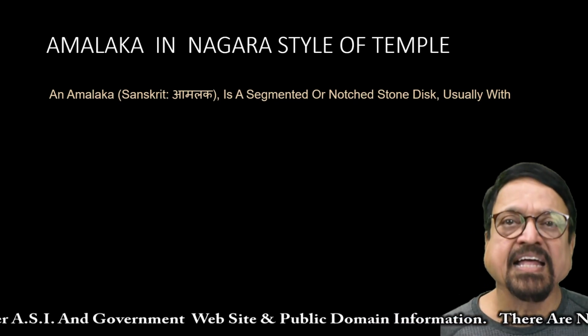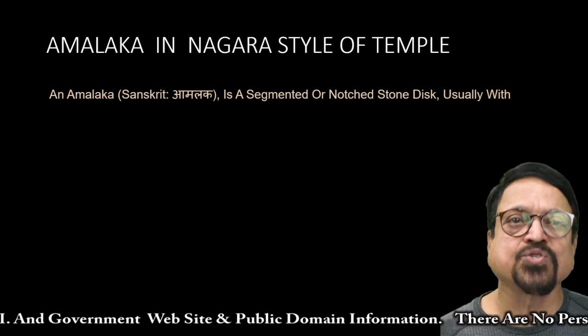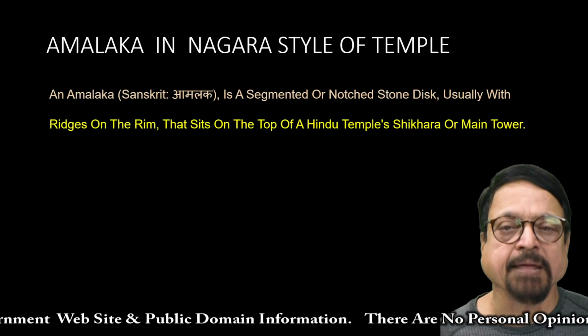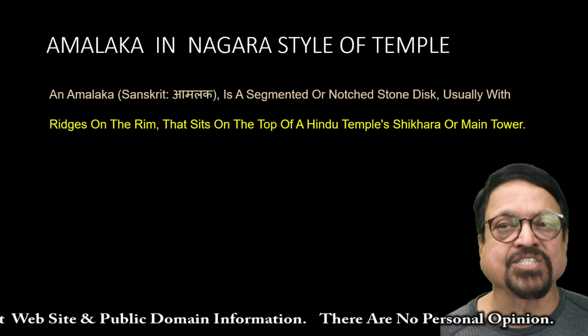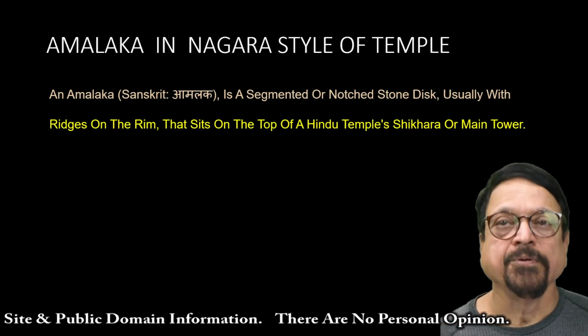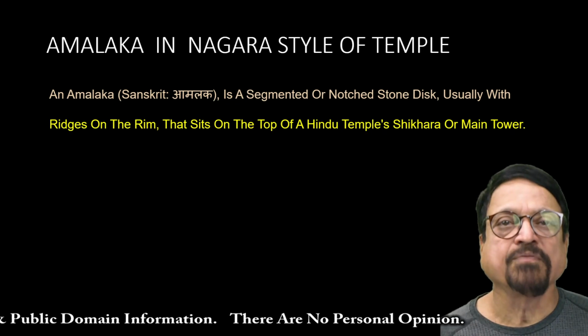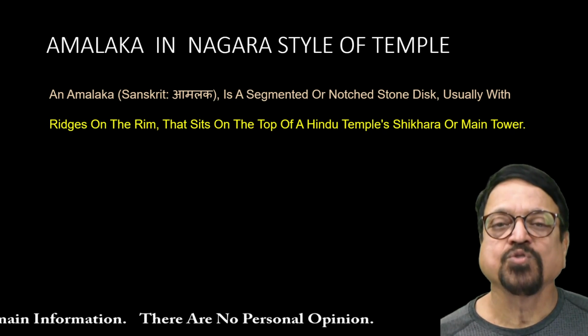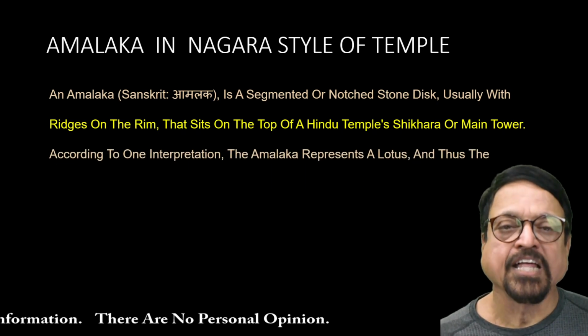And Amalaka is a segmented or notched stone disc, usually with ridges on the rim. So it should look like a lotus if you see it from the top. It sits on top of the Hindu temple, on the Shikhara of the main temple. So below will be the Garbhagriha, then there will be the Shikhara.